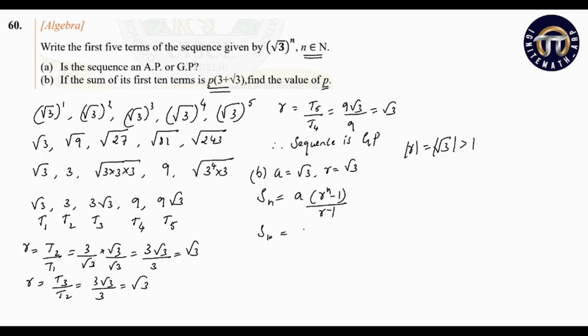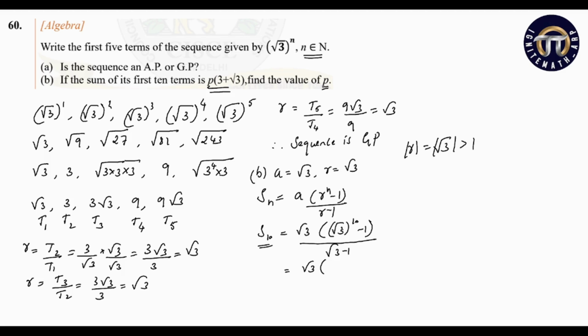So S10 is equal to A. What is A? That is root 3. Then what is R, children? That is root 3 to the power of 10 minus 1 by root 3 minus 1. So see, the sum of 10 terms is given to you as P into root 3 plus root 3. I'll substitute it later. I'll just write this one as root 3 first of all.